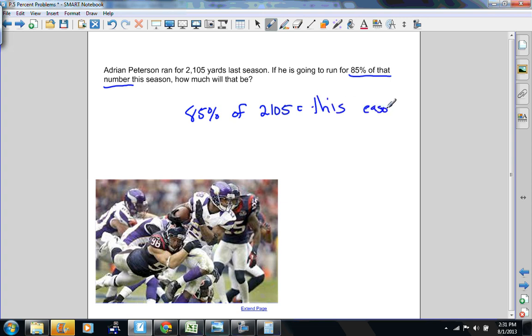So we have created our own mathematical sentence. Well, now we've identified the keywords here. So we get 0.85 times 2,105 is equal to this season, which we're looking for, and that should be our x. Well, we just need to multiply this out.